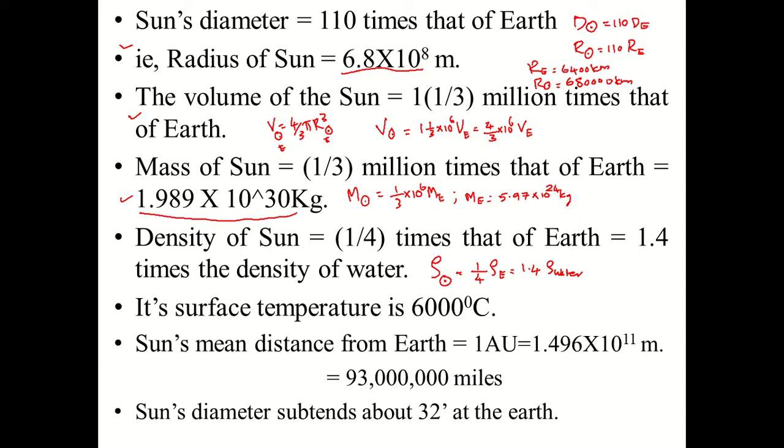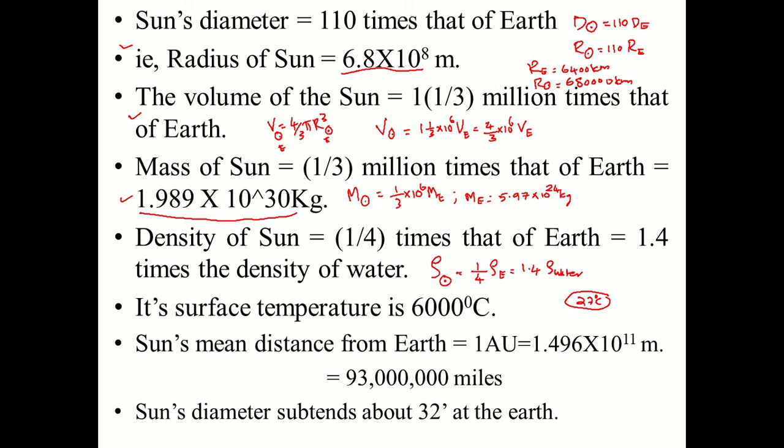Now if you consider the surface temperature of the Sun: the average surface temperature of Earth, we usually take in our area as 27 degrees Celsius, but if you take the average over the whole surface of Earth, it comes to less than 20 degrees.